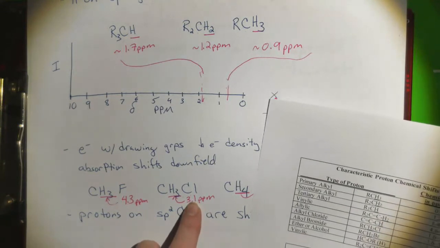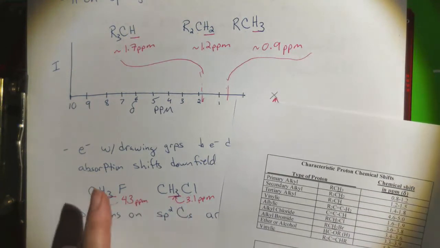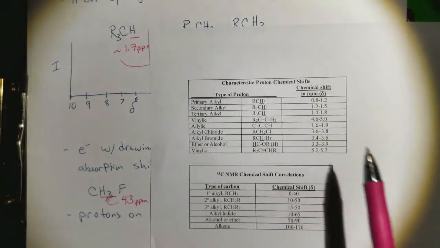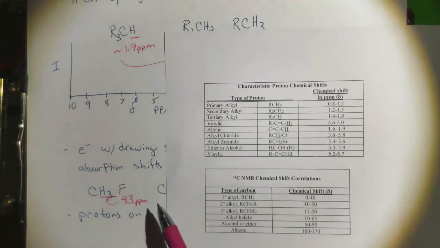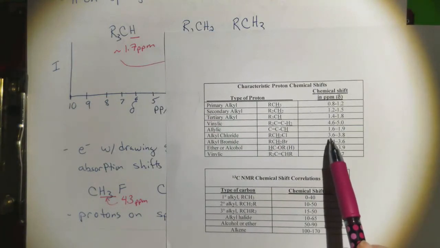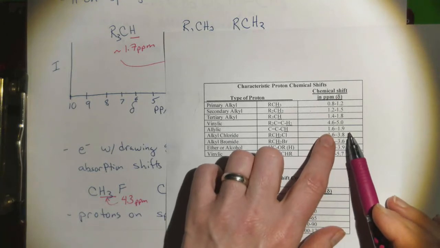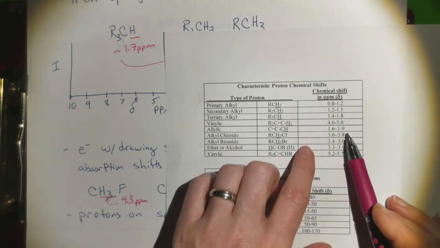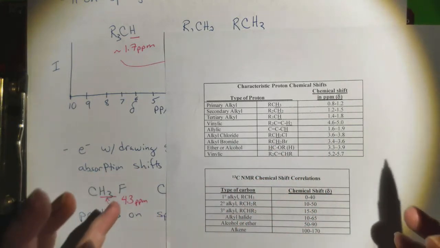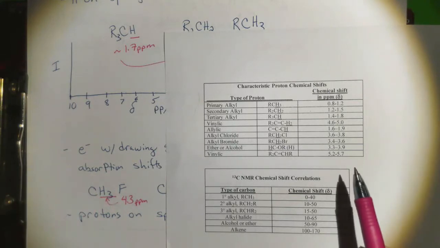Does this mean that this has to be wrong? No. This is a hard part for students: often if they get an absorption that's slightly outside of the range given in the table, they say it's impossible. This is just meant to guide you. Don't lock things in stone.